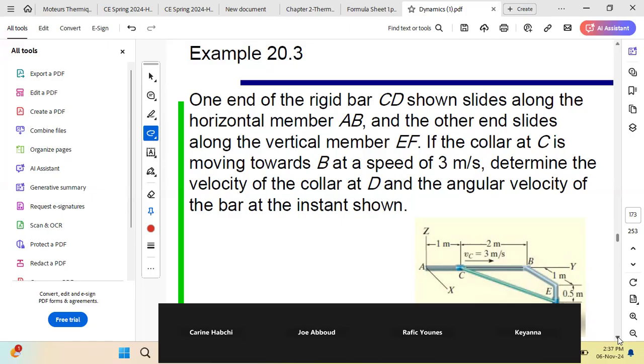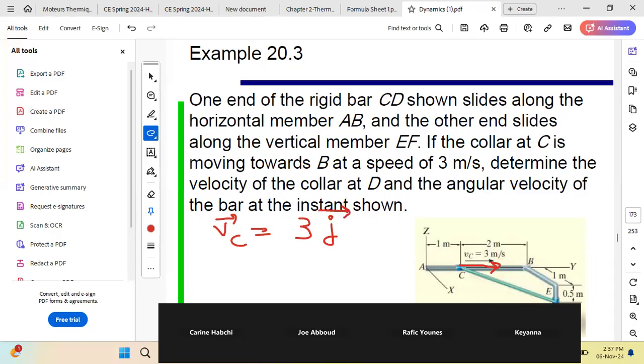You will see that there is a lot of similarity between what we learned in this chapter and what we learned in chapter 16. So what do we have here? We know the velocity of one point completely. For point C, vector VC is known. It's equal to 3J. Okay?